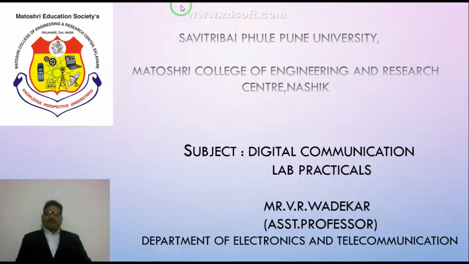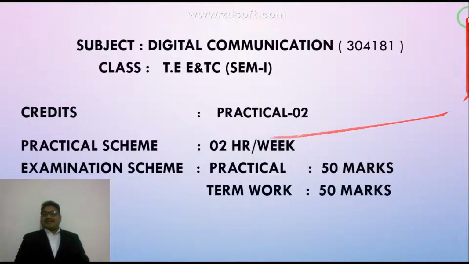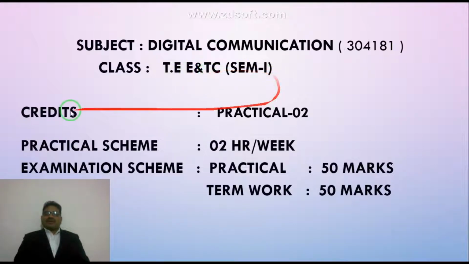First of all, we would see the practical list, but before that, we would see the outline of the lab practice. So basically, guys, this lab practice is for third year engineering students and it has a total of 2 credit points. The examination scheme: this practical is of 50 marks and it carries a term work of 50 marks.